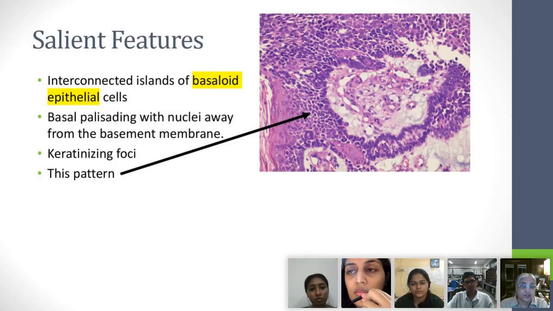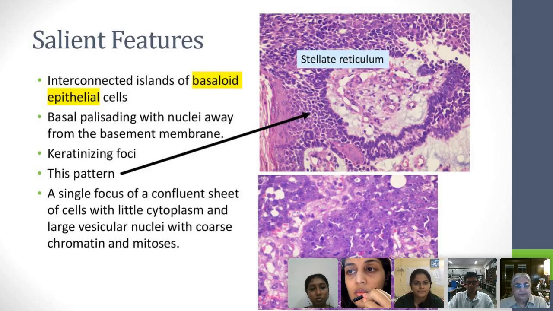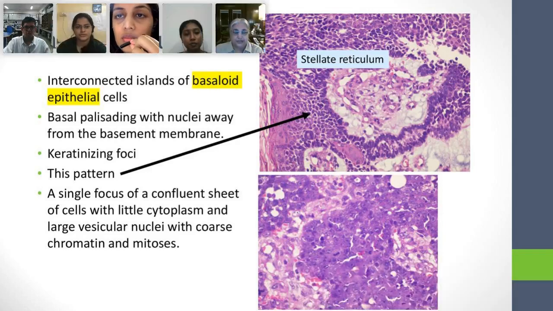And then, of course, Kshitija said that there was something else. And what was that something else? You saw a single focus of a confluent sheet of cells with little cytoplasm, large vesicular nuclei, coarse chromatin, and mitoses. So now Kshitija says maybe this is a melanoma.